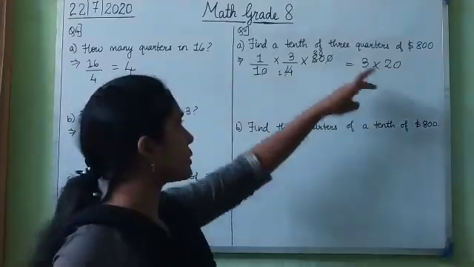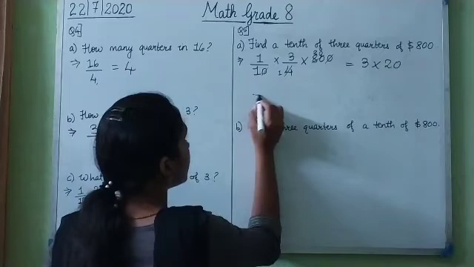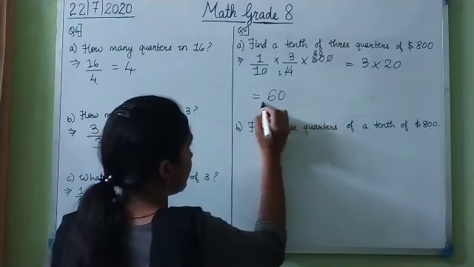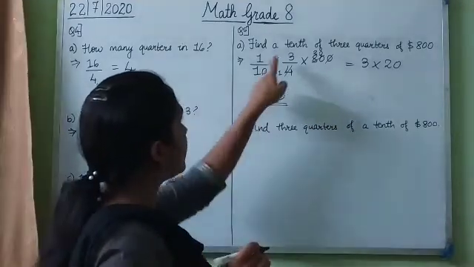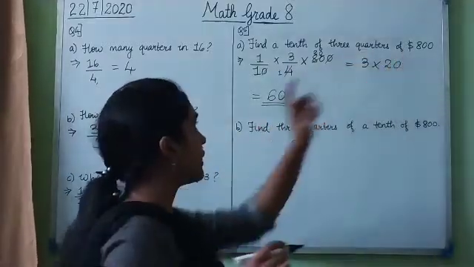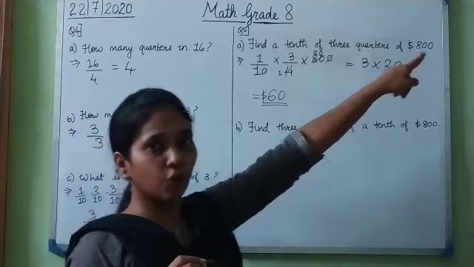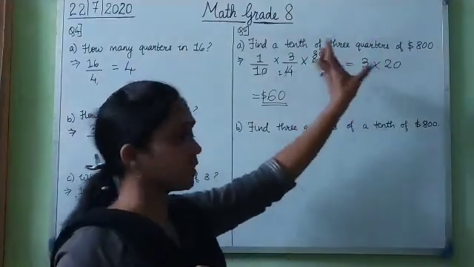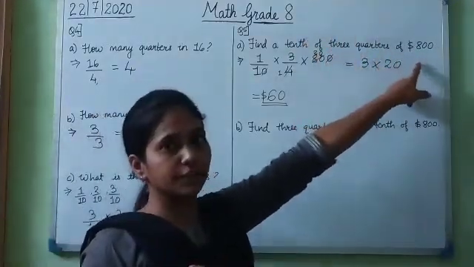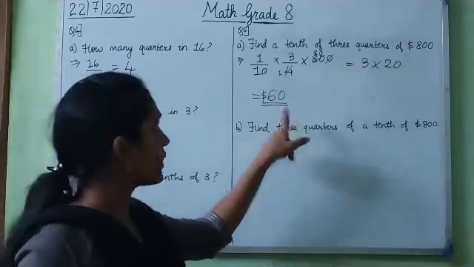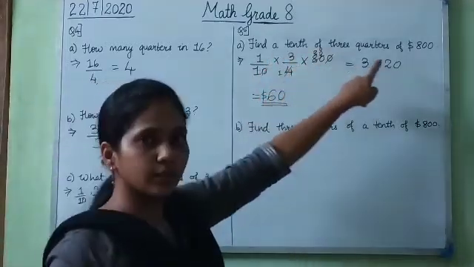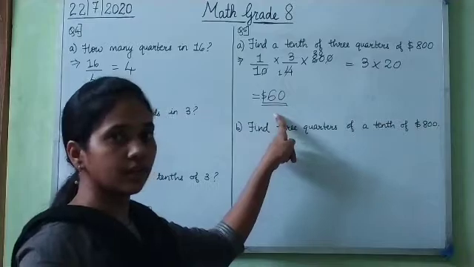So we need not write that. This becomes 3 into 20. 3 into 20 is 60. So find a tenth of 3 quarters of $800. So that is $60. The question is given in dollars, so we have to find a given fraction of $800. So that fraction is $60. Okay. So a tenth of 3 quarters of $800 is $60.